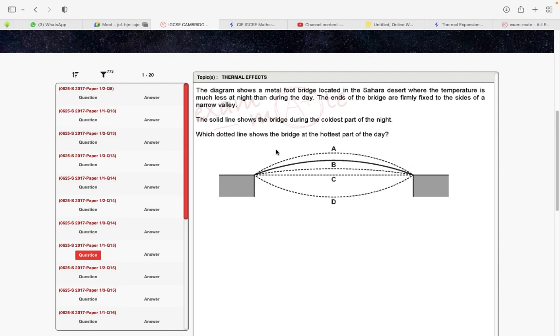During the day it will expand because it's a metal foot bridge. Metal will expand when heated. So during the day, the Sahara Desert is super hot, so it will expand. Will it expand downwards or upward? Your answer is upward, so you go with A?